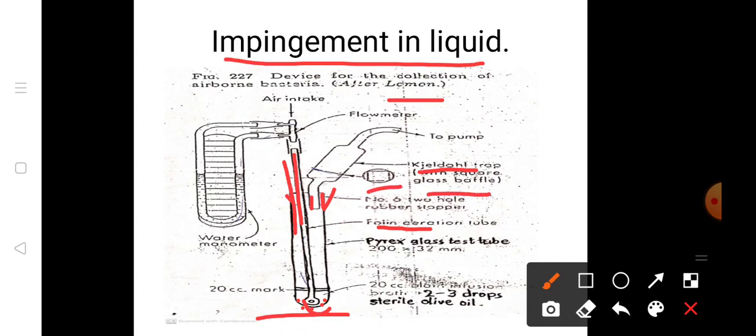So this is the function of the Zelda trap. There is also a small flow meter that will measure the rate of air flow entering the upper open end of the fouling tube. Whatever air is coming, that will be measured and will pass through the fouling aeration tube.